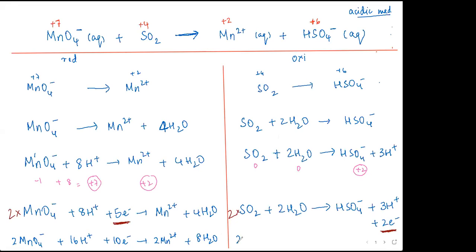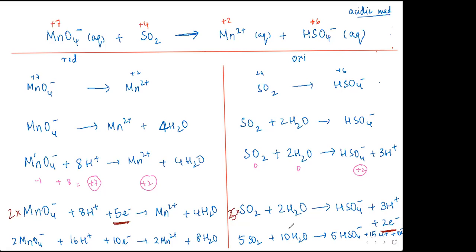In this case, this one the factor is 5. 5 SO2 plus 5 into 2, 10 H2O gives 5 HSO4 minus plus 15 H plus 10 electrons.